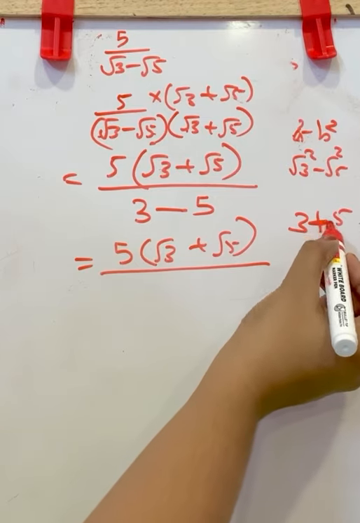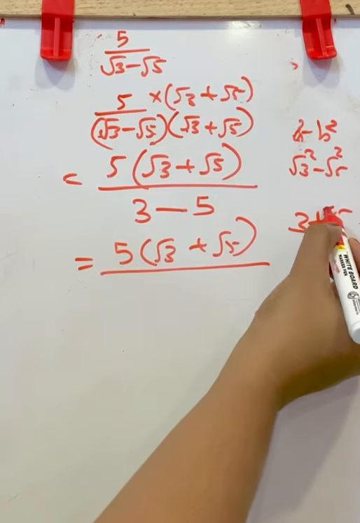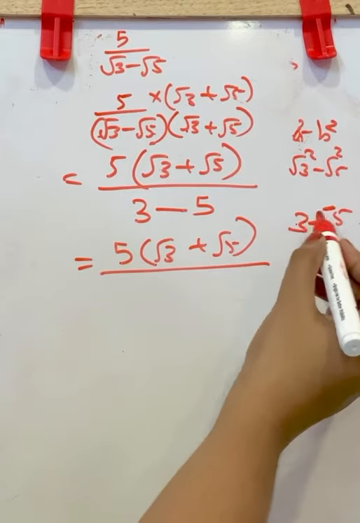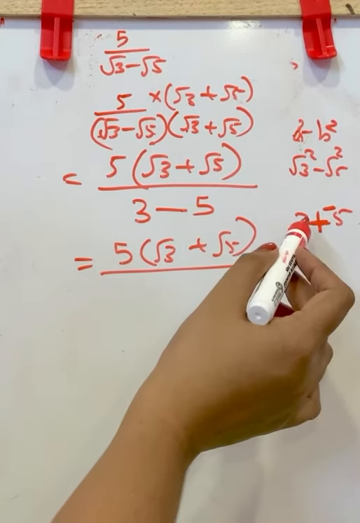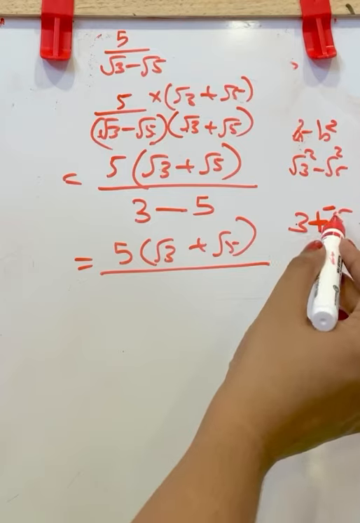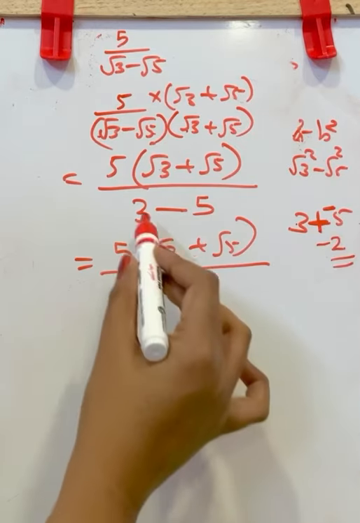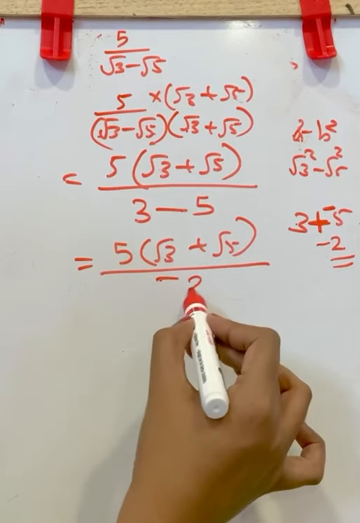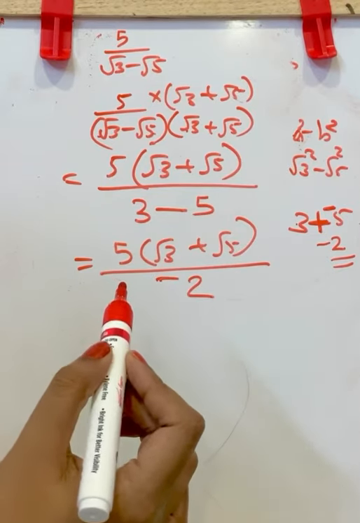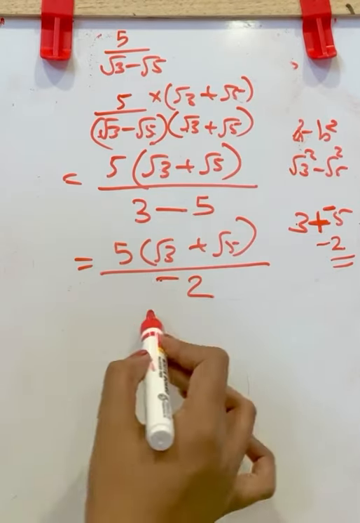Whenever you change subtraction to addition, you have to change the sign of the next number. So it becomes 3 and negative 5. Now the smaller number is subtracted from the greater number and you put the sign of the greater number. The result is negative 2. So here 3 minus 5 is negative 2. Now this is the final answer.